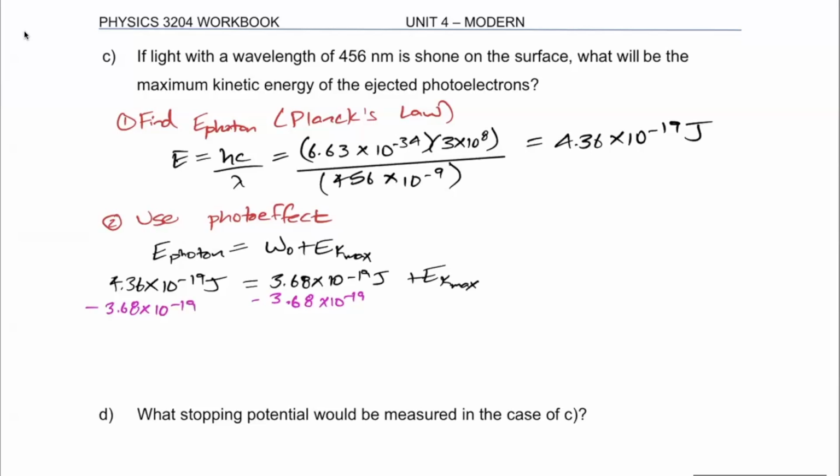Beautiful. So this means that EK max is going to be 0.68 times 10 to the negative 19 joules.